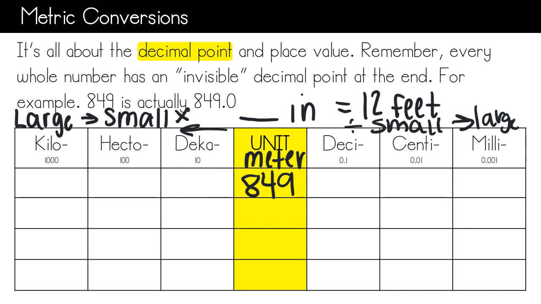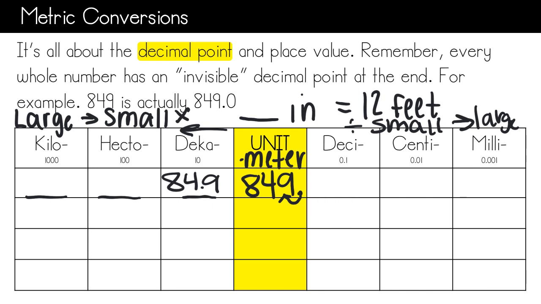So if we're going from smaller to larger, I'm going to divide. And each of these place values is 10. So we're going from meters to decameters. I'm just going to take my decimal point that's at the end and move it one place value over. So 84 and 9/10 decameters equals 849 meters.